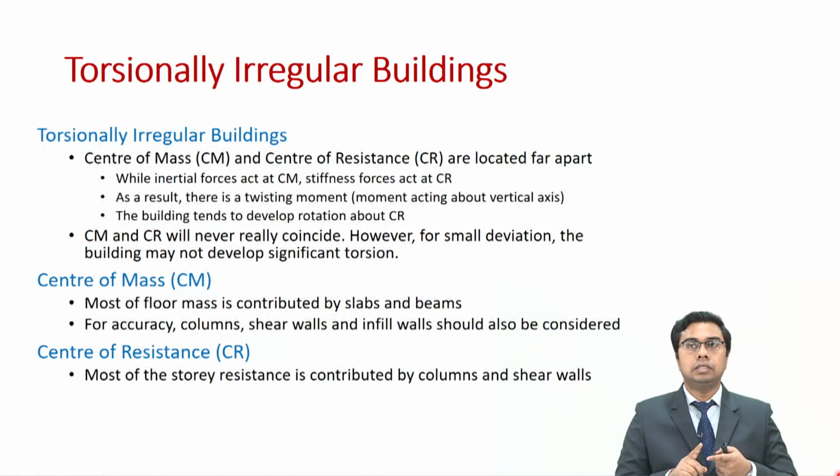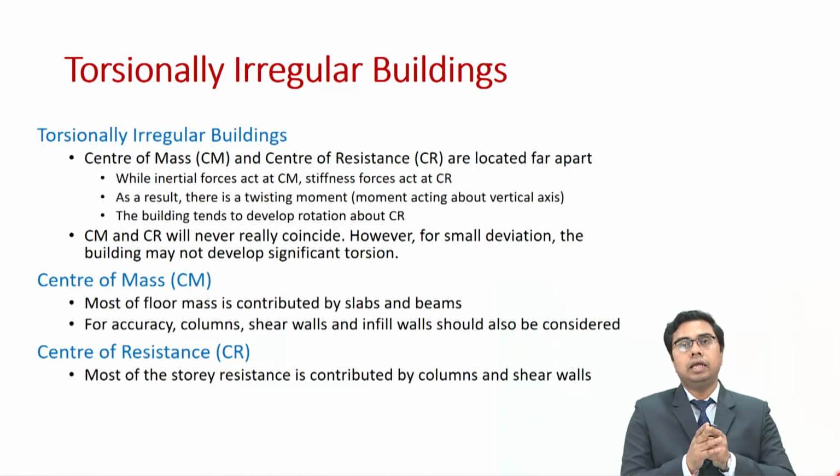The center of resistance is very similar to the shear center that you would have studied in structural mechanics or solid mechanics. Essentially for any given building, the center of mass and center of resistance will never really coincide unless it is a 100% symmetric building.